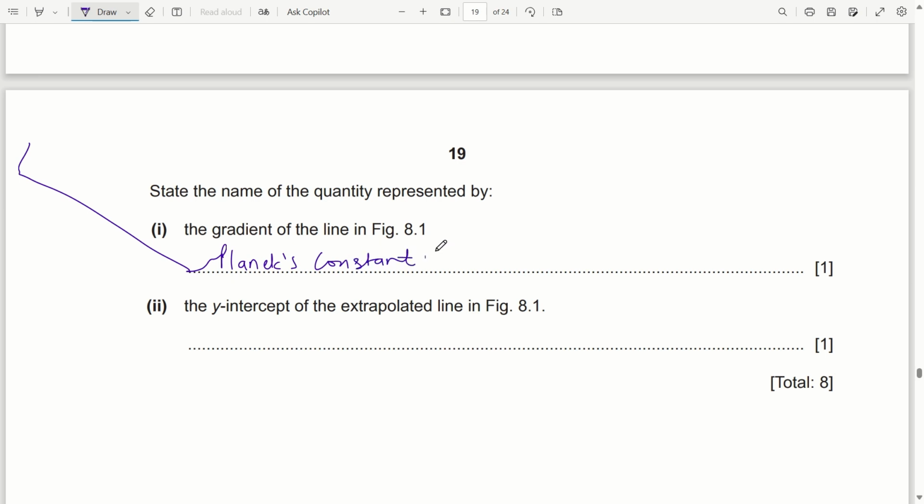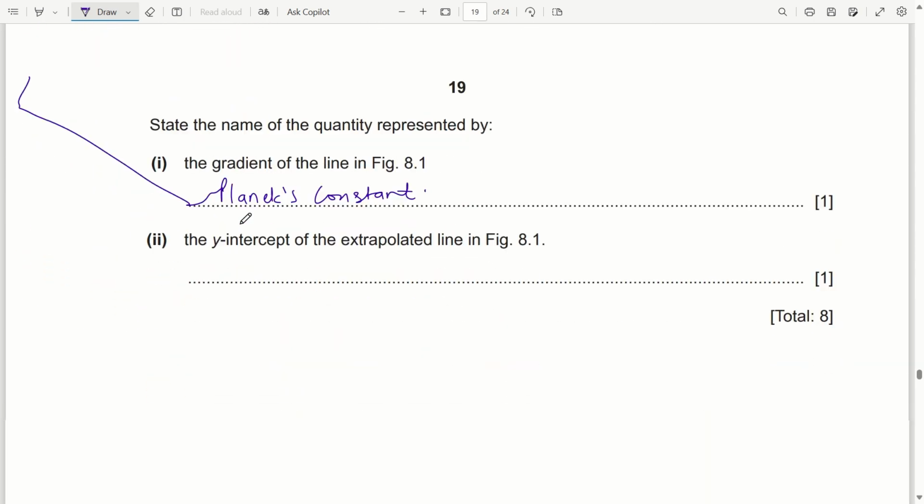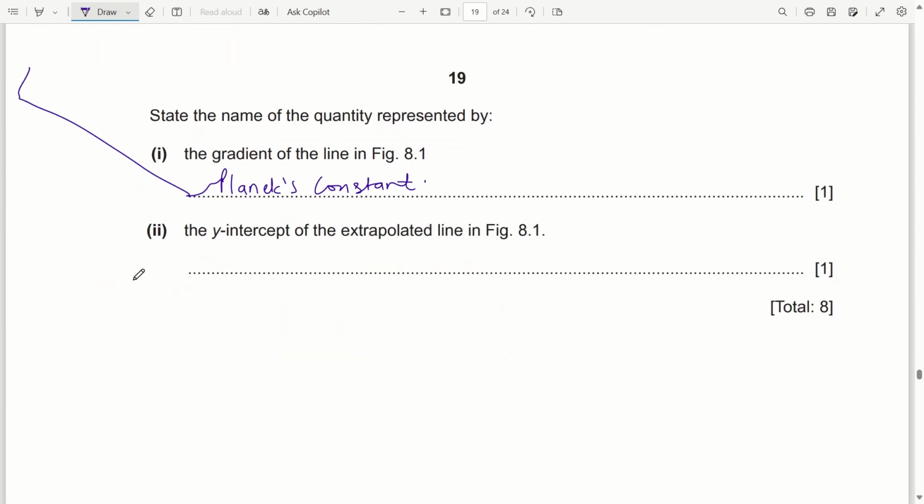And the y-intercept of the extrapolated line, c here, is equal to minus phi, and phi is the work function, so the y-intercept gives the negative of the work function.